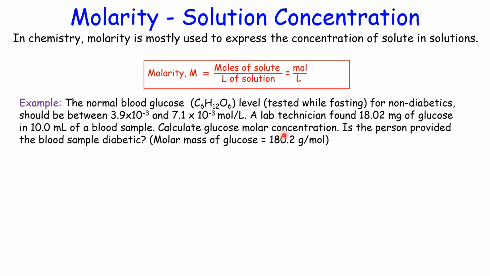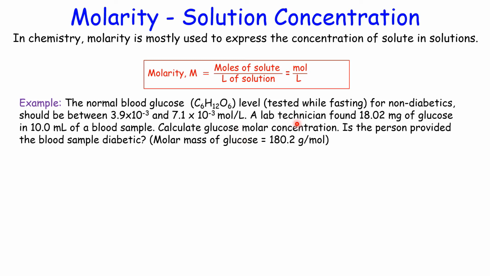That's it. Let's work on one example. The normal blood glucose level for non-diabetics should be between 3.9 times 10 to negative 3 and 7.1 times 10 to negative 3 molar. Moles per liter is molarity, and we can call that molar.